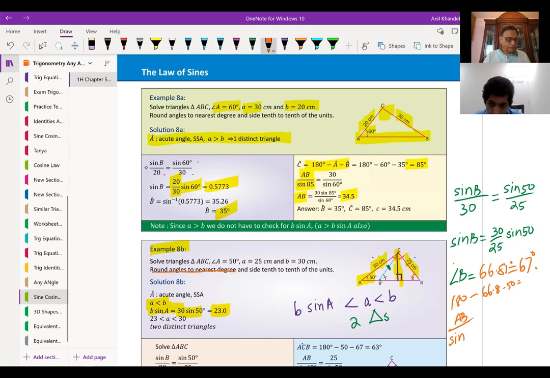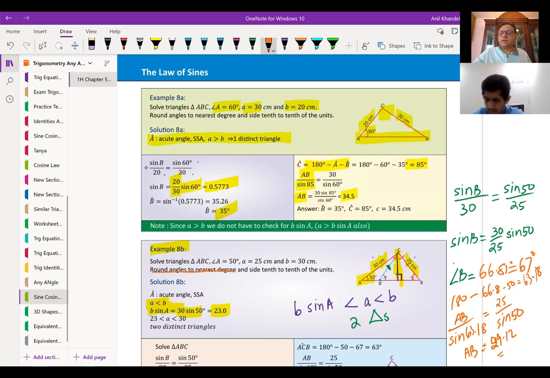AB over sine 63.19 equals 25 over sine of 50. And now find AB. It comes to 29.12.